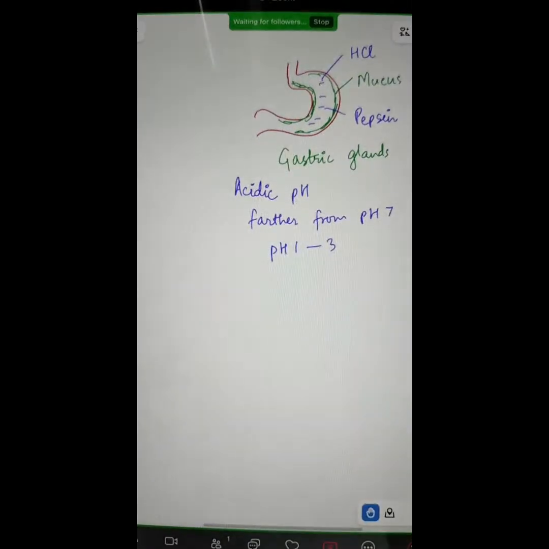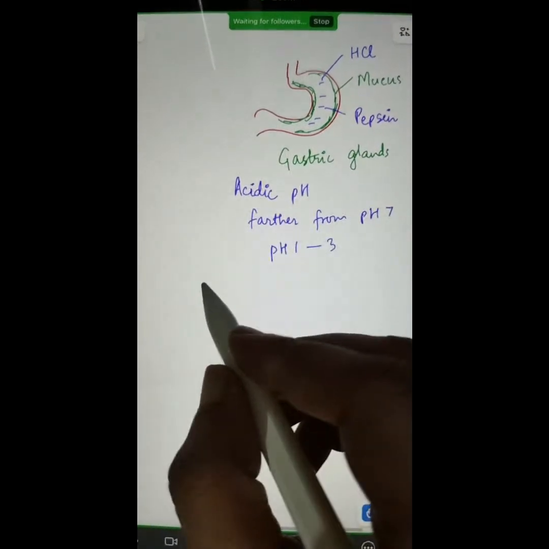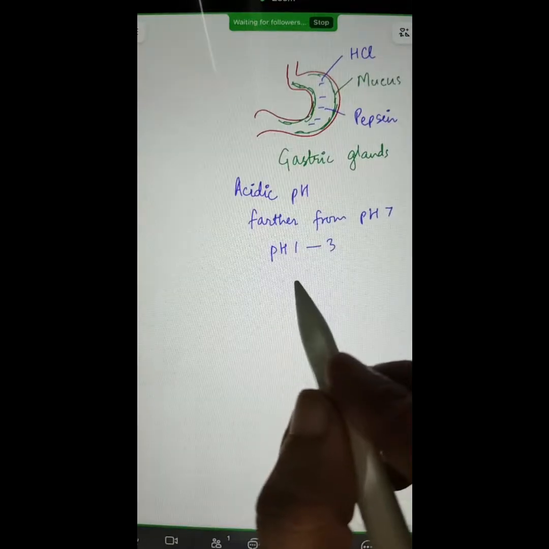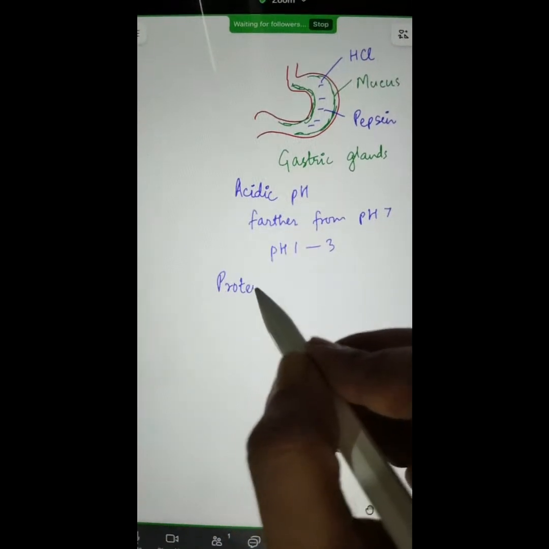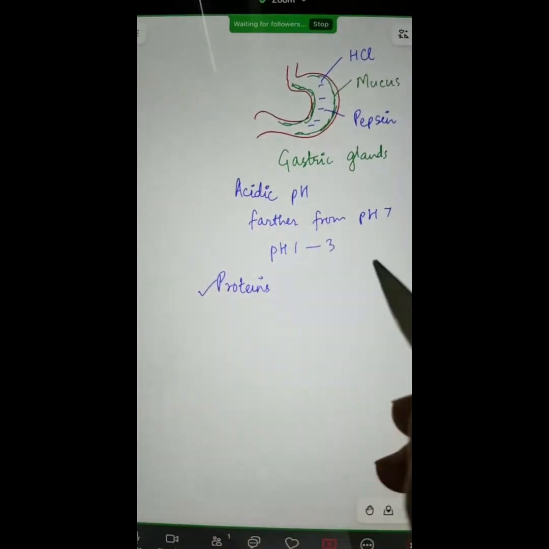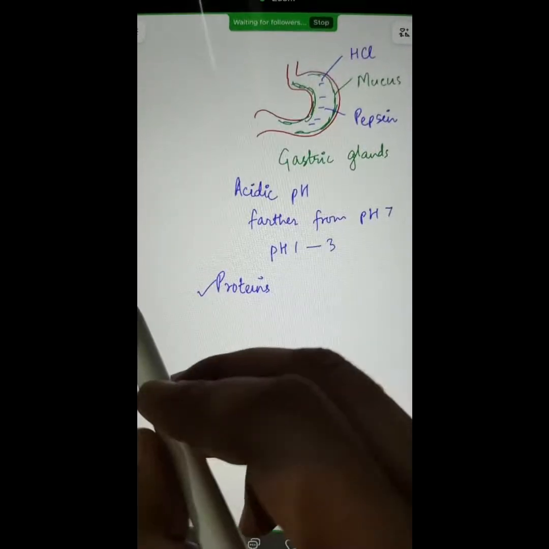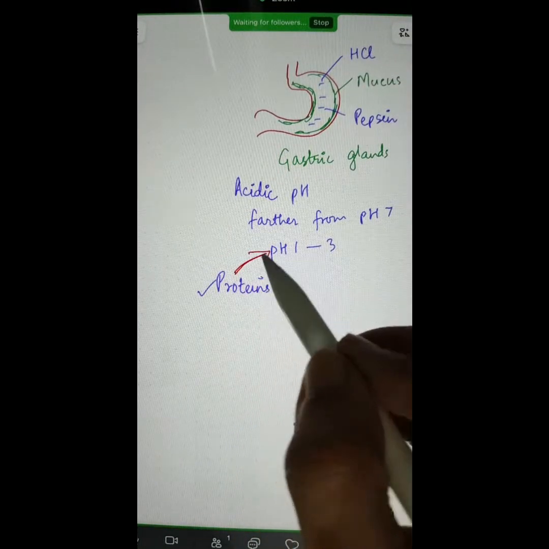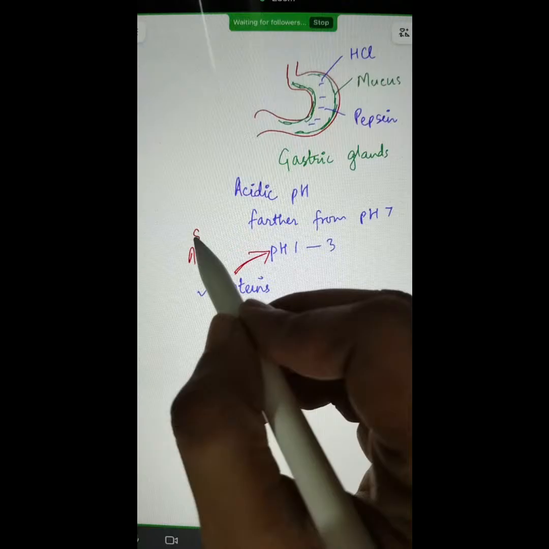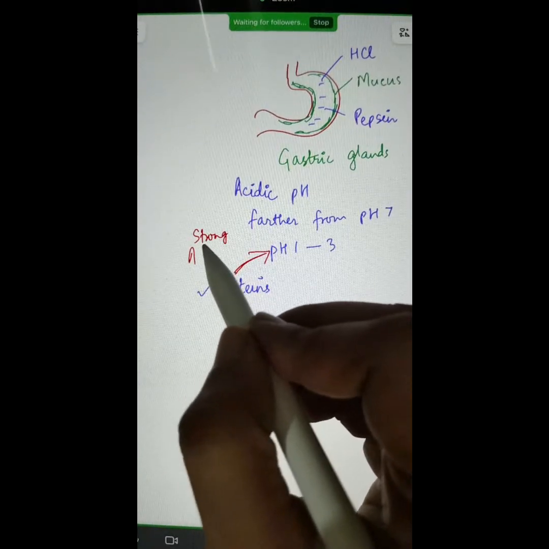Now, as the food reaches the stomach, only 70% of carbohydrates have been digested. Now, in the stomach, the digestion of proteins will start. And you know why only protein digestion is starting here? Because protein digestion requires strongly acidic conditions.